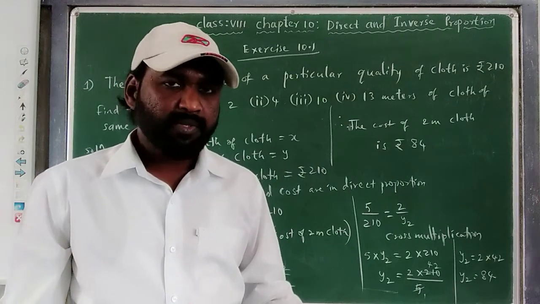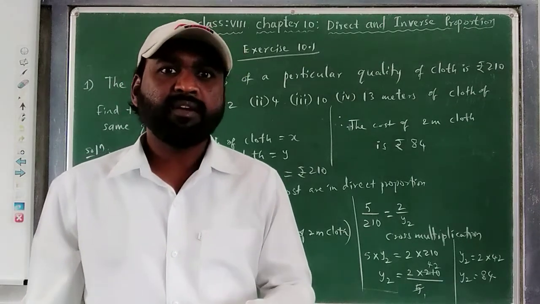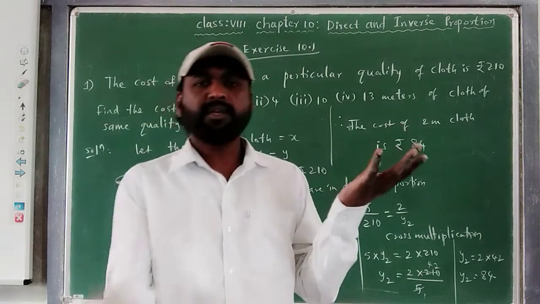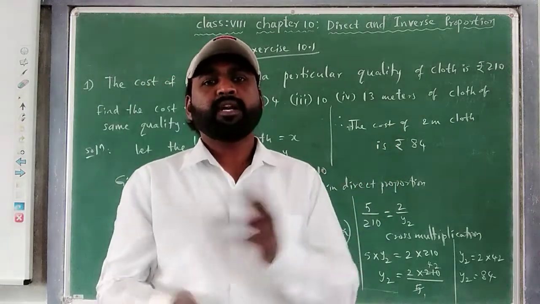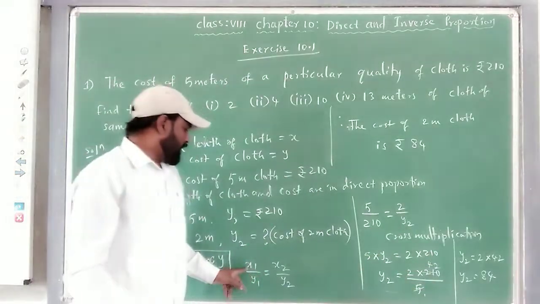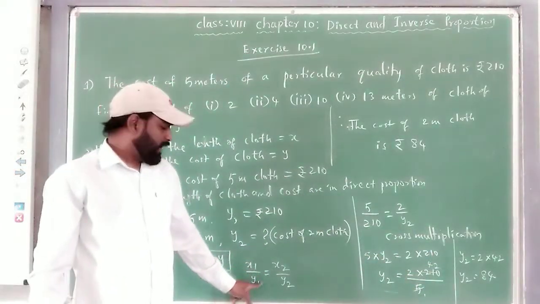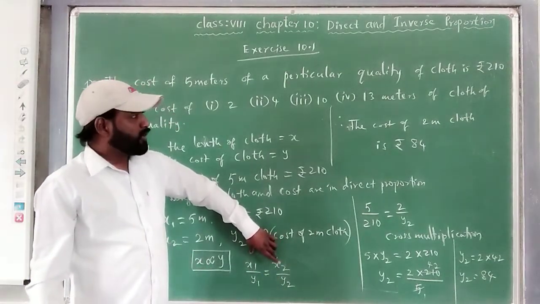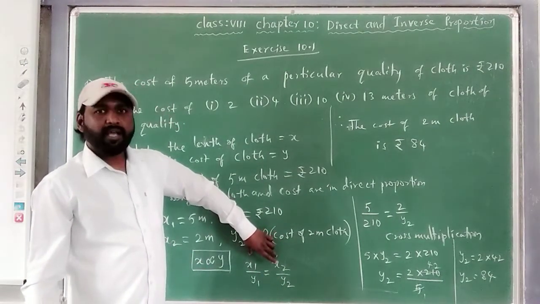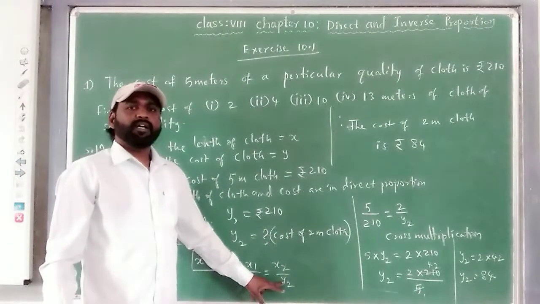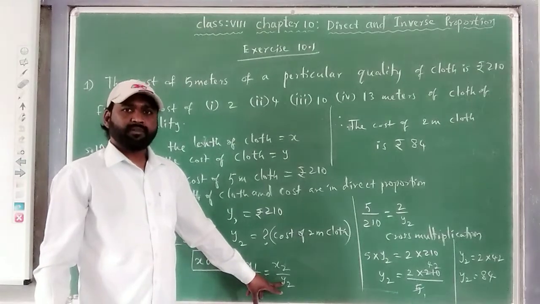Only thing you need to remember is, according to the situation, in which proportion both quantities are, direct or inverse. Just find out by using your common sense. If one quantity increases, the other quantity also increases in the same ratio, both are in direct proportion, and we need to remember x1 by y1 is equal to x2 by y2. x1 and x2 are the representative values of the first quantity, y1 and y2 are the representative values of the second quantity.